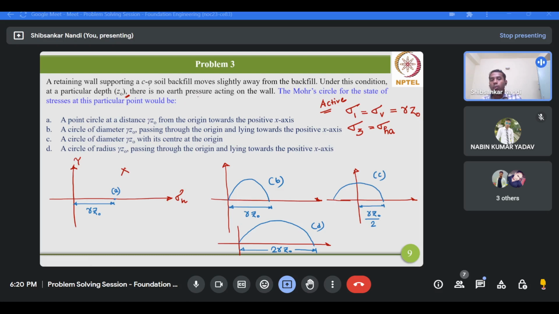What about the minor principal stress, that is the earth pressure? There is no earth pressure acting on the wall. That means sigma 3 equals sigma HA, which is 0. Based on these two values, please try to answer the correct option among these three options B, C and D, because option A we have already discarded.